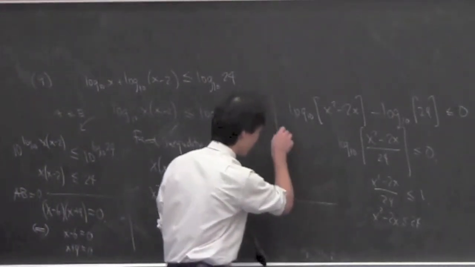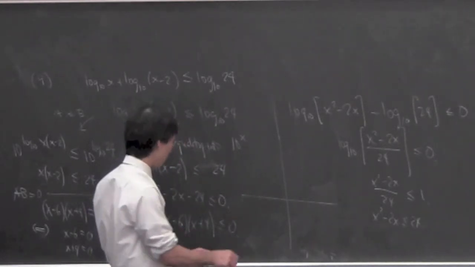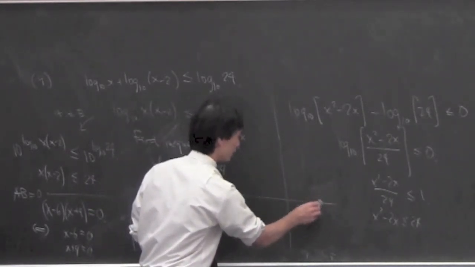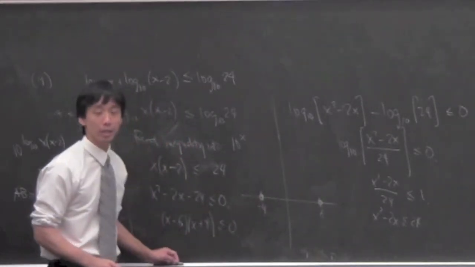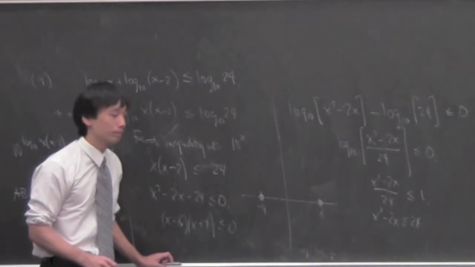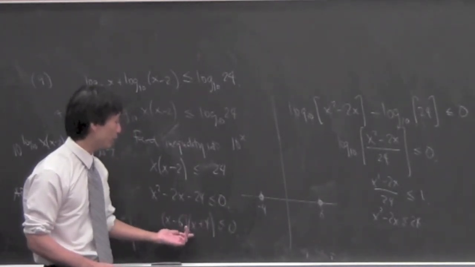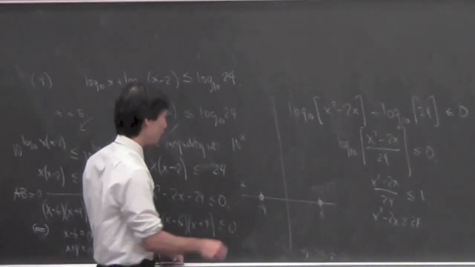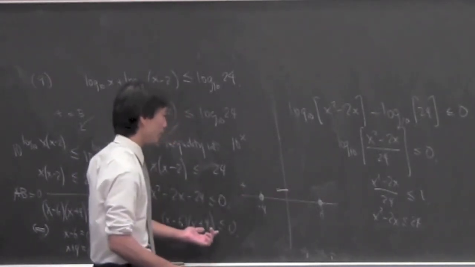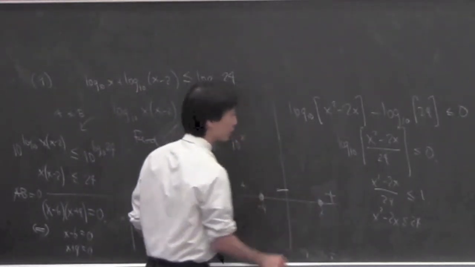So we just do this the way that we did before, right? Where are the zeros of this? Well, at 6 we have a 0, and at negative 4 we have a 0. And then we test points in between. So we take a gigantic negative number, we get something positive. We take 0, we get something negative. We take a gigantic positive number, we get something positive.